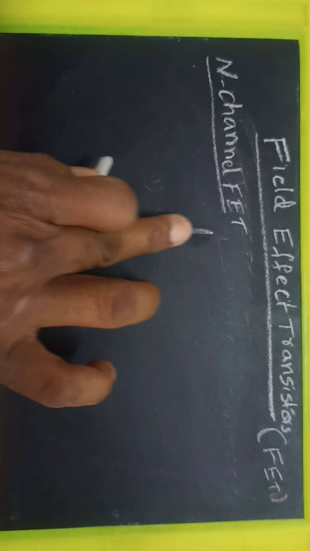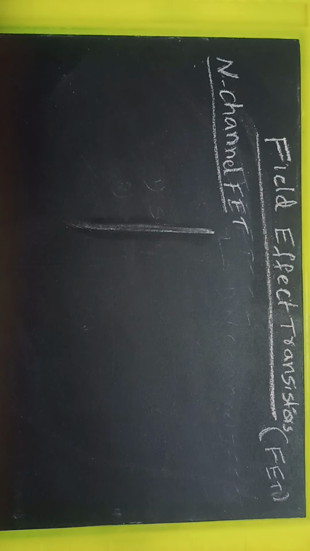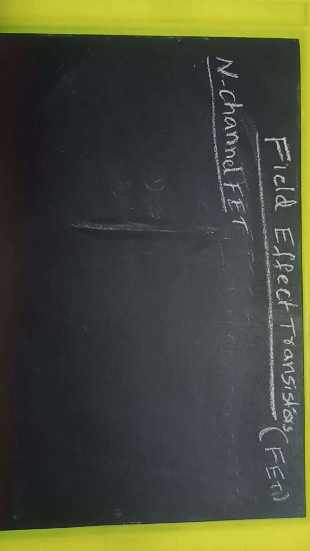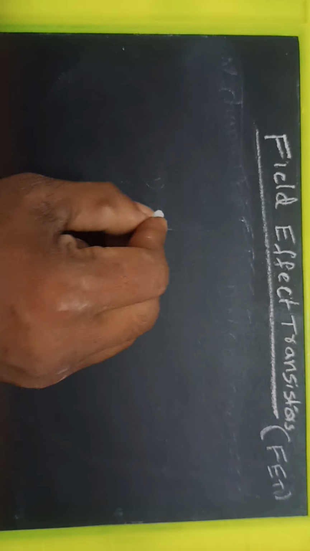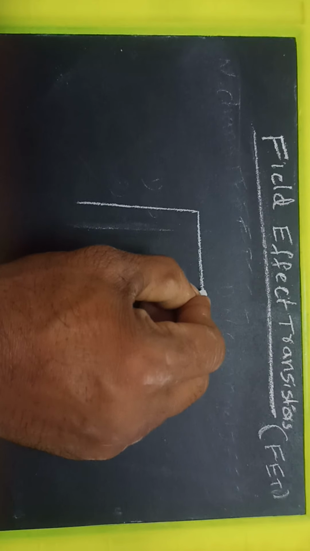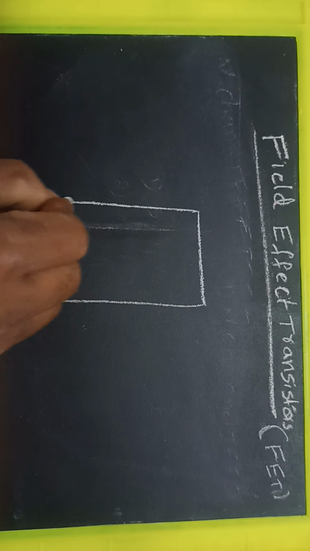Now I want to discuss N channel FET operation, how the FET can be operated. I already discussed N channel FET and P channel FET, and now I want to discuss the N channel FET. For the N channel FET, take an N-type semiconductor bar.